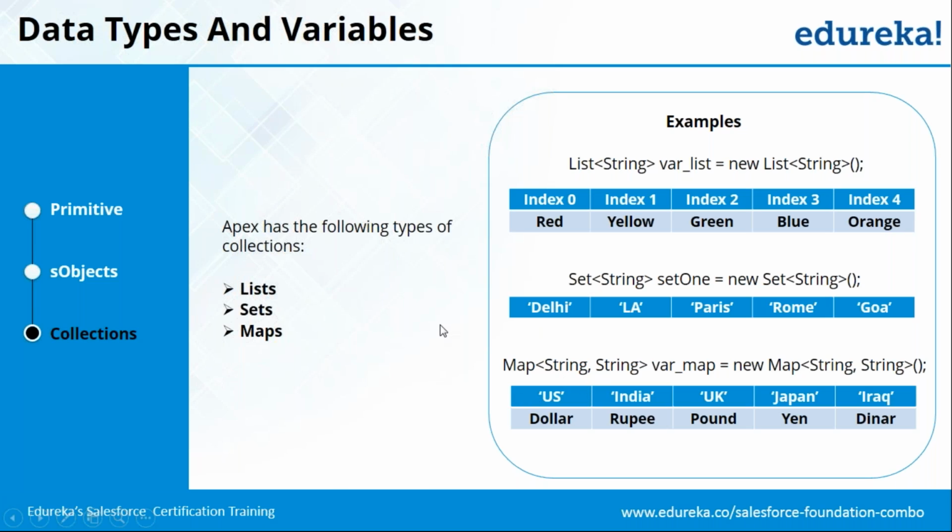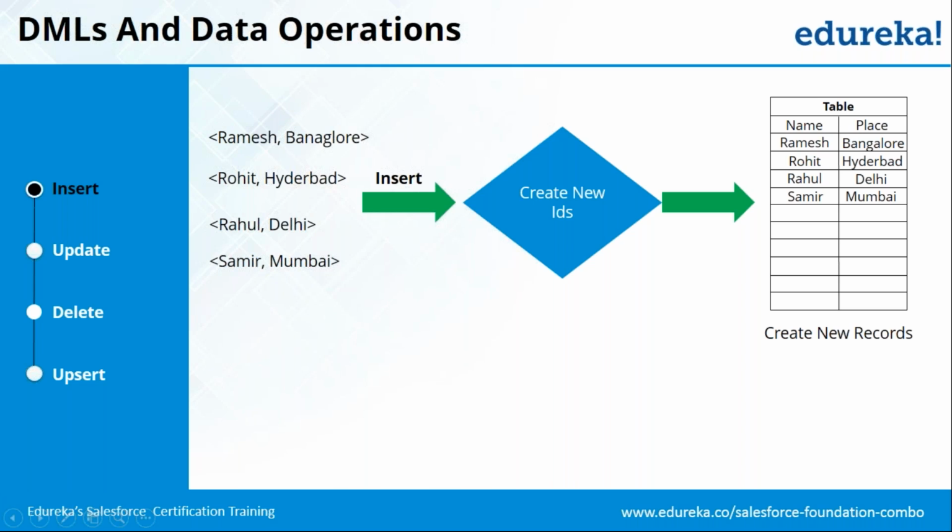Okay guys, so moving on, I'm going to talk about the DMLs and the different data operations that can be done with these records on the database. All right, so to add the data or the records to the database, you can use the insert command or the update command. Okay, in fact you can even use the upsert command.